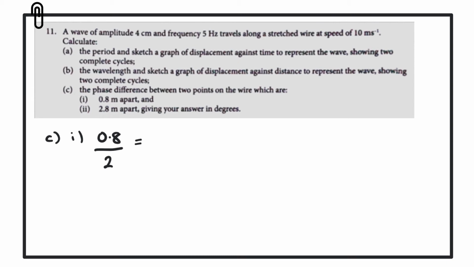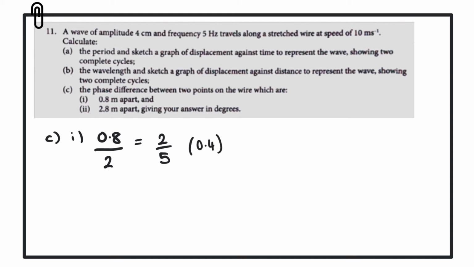So that works out to be 0.4 or 2/5. That's the fraction of an entire wavelength that we have. You can write this as a fraction, 2/5, or keep it as a decimal, 0.4. Either way, you're going to get the same answer. So 2/5 of a wavelength.